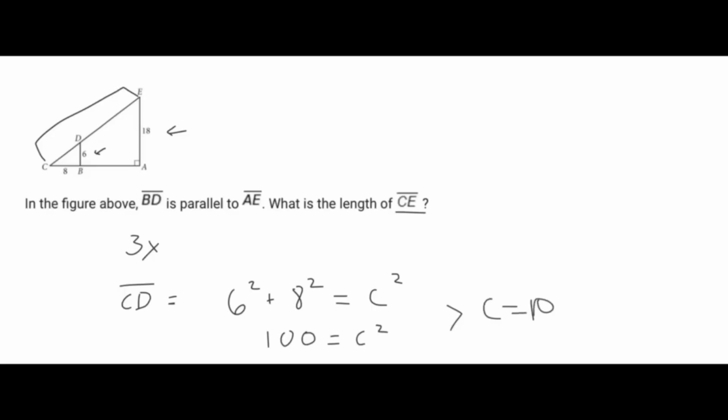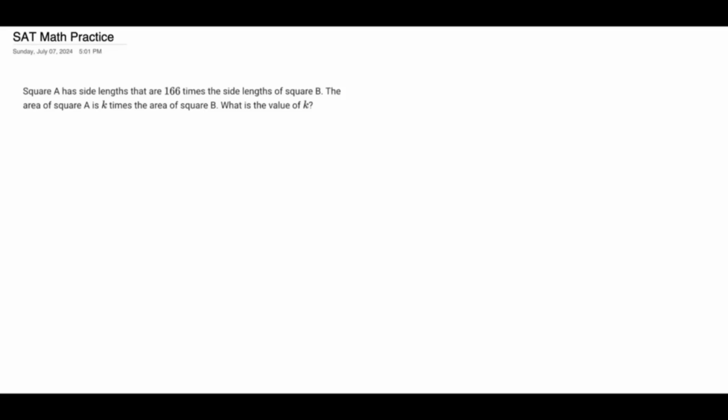In our case, c is the side length of side CD. Because the scale factor is 3, we apply it to our value of 10, so our final answer for the length of side CE is 3 times 10, which is 30.